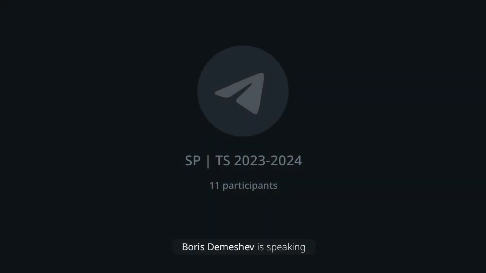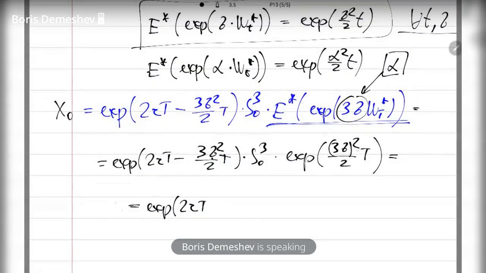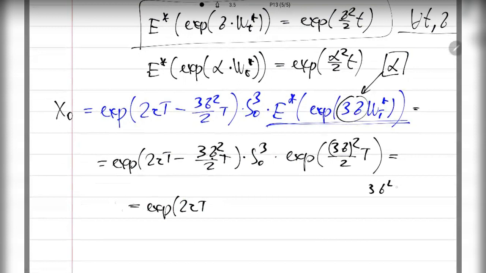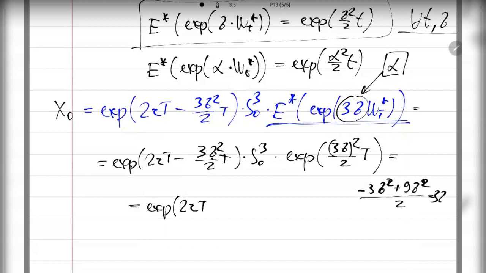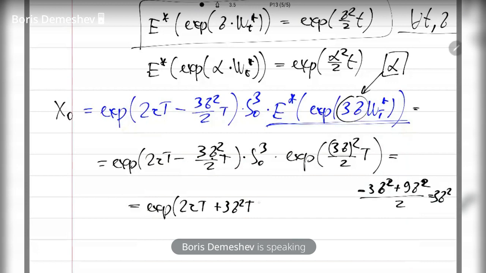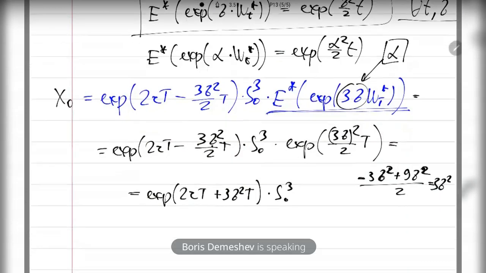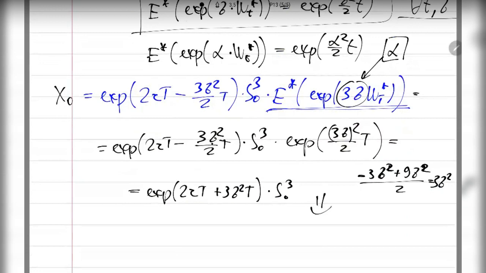Here I have minus 3 sigma squared plus 9 sigma squared over 2, which will give me 3 sigma squared. Hence I get plus 3 sigma squared T times S0 cubed. And bingo, we are done.